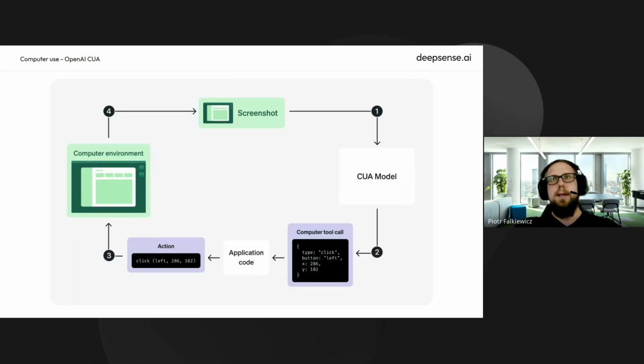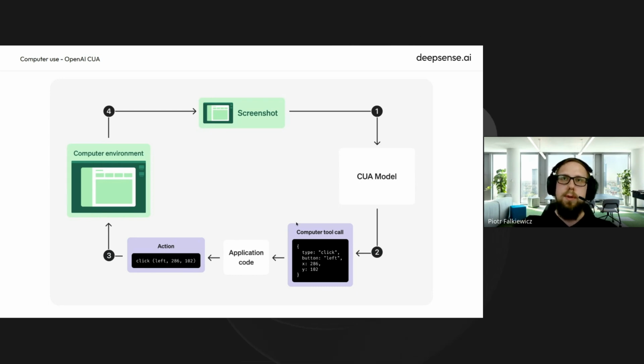So let's take a look at the loop of this agentic system. On the left, we have our computer environment. It's, for example, our Mac computer. And we are sending a screenshot of the whole screen into the computer use agent model. Then the model is processing this image, and the output of such a model is the action.